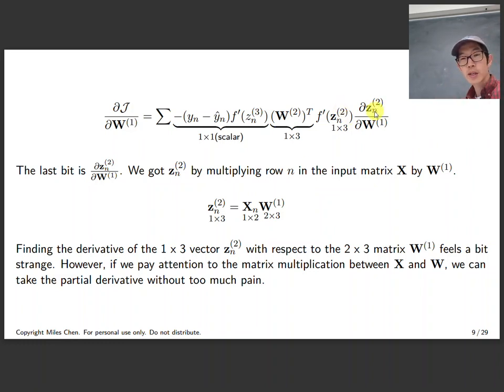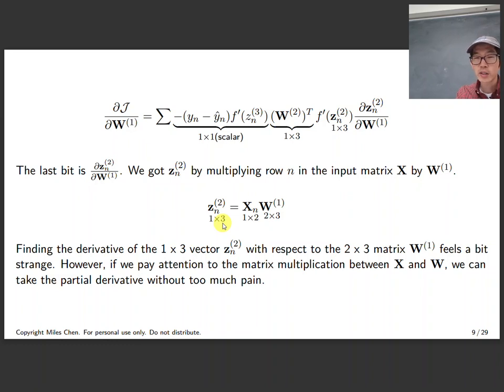And then lastly, how does Zn2 change with respect to W1? During the forward propagation part, we said Zn2 is calculated by taking x, the nth row in x, and multiplying it by W1. So we have a 1 by 2 multiplied by a 2 by 3, and that gives us a 1 by 3.